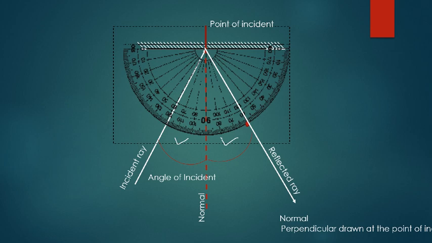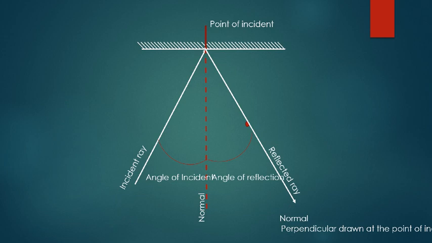So what is this angle called? This angle is called the angle of incidence. Remember this, because it is between the incident ray and the normal. If this is called the angle of incidence, what will this be called? This will be called the angle of reflection.